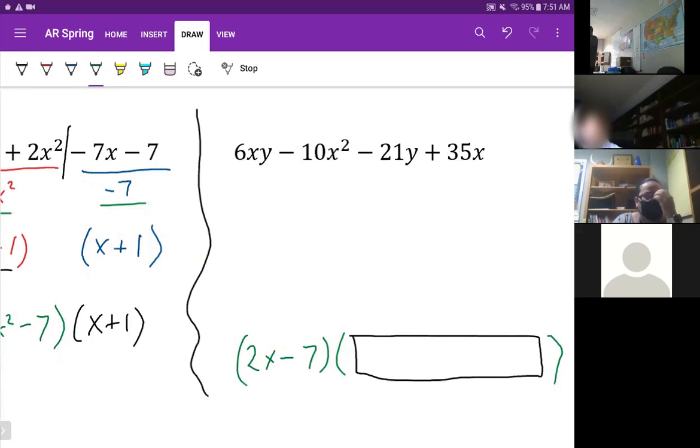Okay, so sometimes you're given the first term, so that's nice. So we know we can divide this one by 2, and it's going to be 7. So if you're given those first terms, this one's going to be 2x. This one's going to be negative 7.